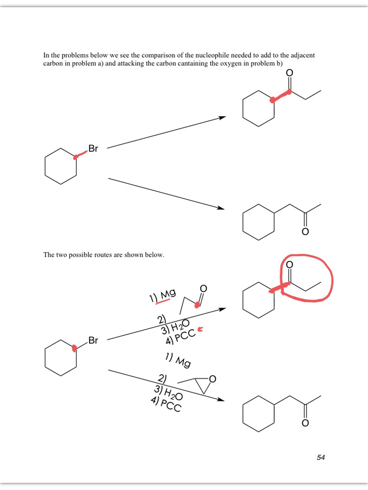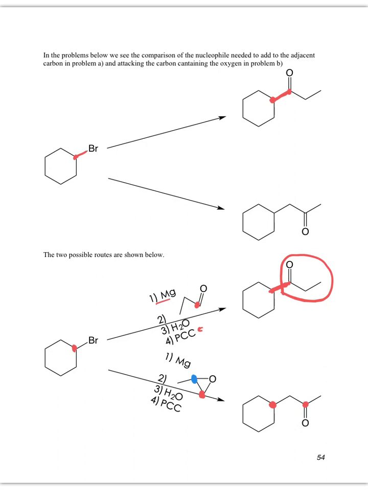Okay. Now, if the carbon of the Grignard is not connected to the carbon that has the oxygen on it in the product, this is the carbon with the oxygen on it, this is the carbon of the Grignard, there's this CH2 in between, the only way we can do this is to make the Grignard and add it to an epoxide, so that the Grignard adds to that little red carbon, and the oxygen stays on the little blue carbon here.